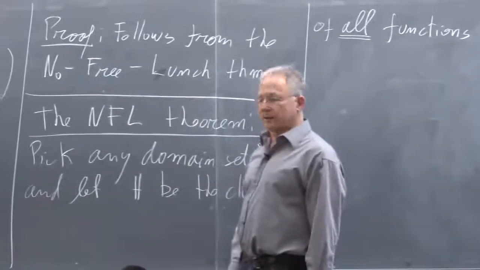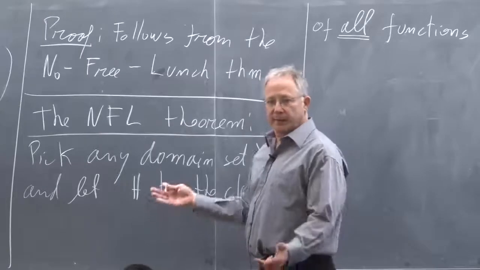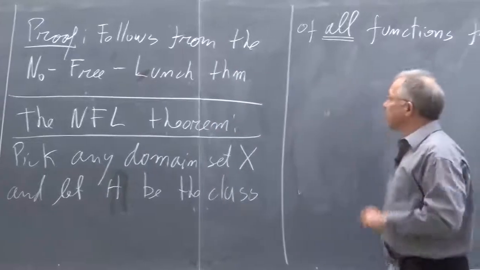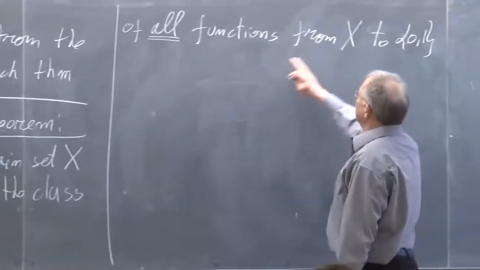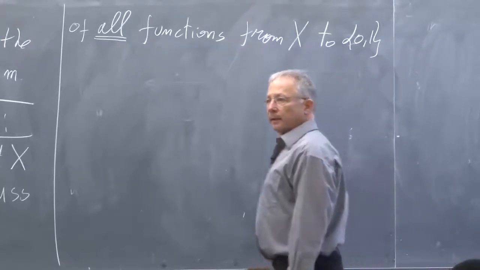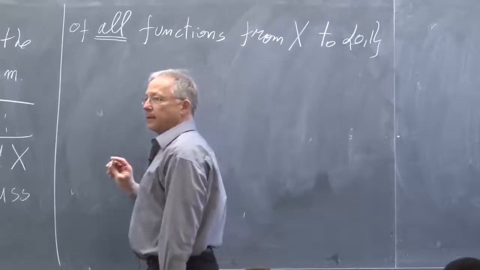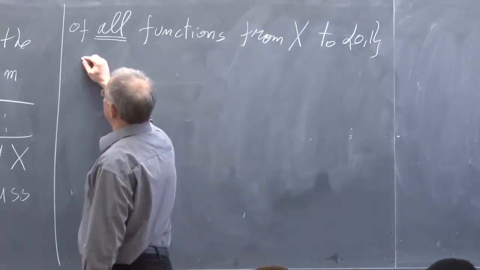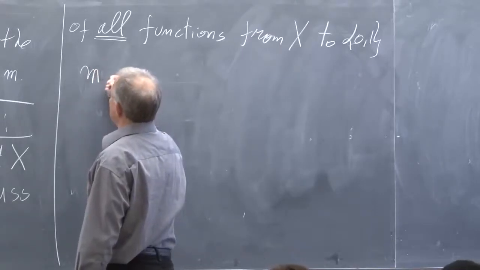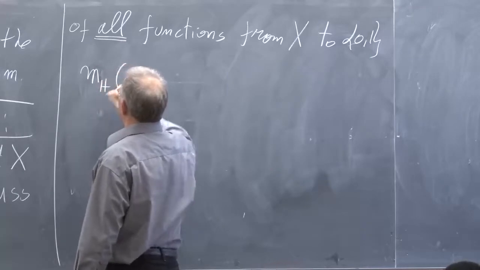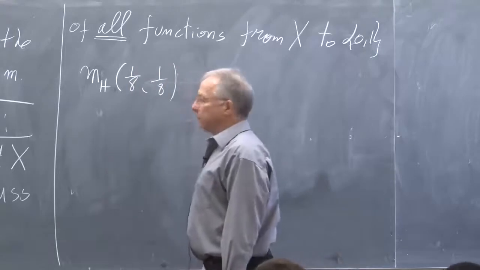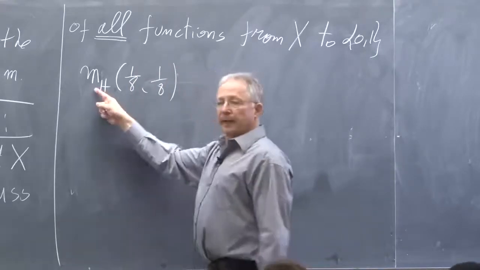And we want to show that it's very difficult, or impossible in some sense, to learn the class of all possible functions. In what sense is it difficult? If we look at m_H of epsilon equal 1/8, delta equals 1/8, let me remind you what this means.